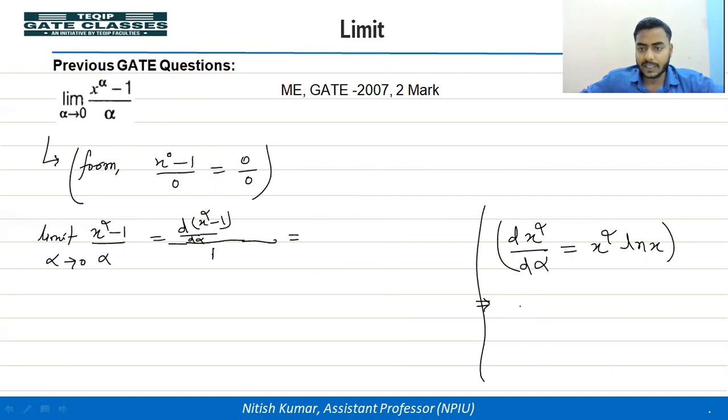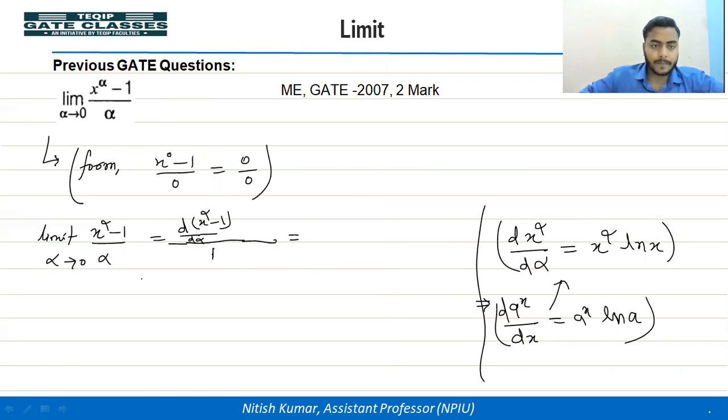In the previous slide, we saw that differentiation of a to the power x with respect to x is a to the power x ln a. It is the same here. Do not confuse it with x. So we will get x to the power alpha ln x minus 0 divided by 1.